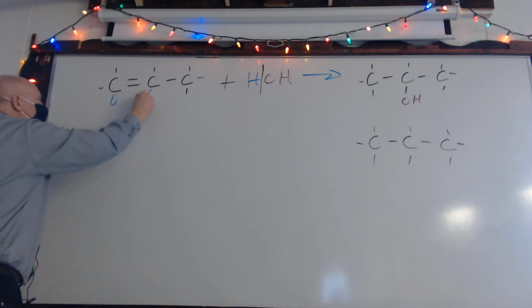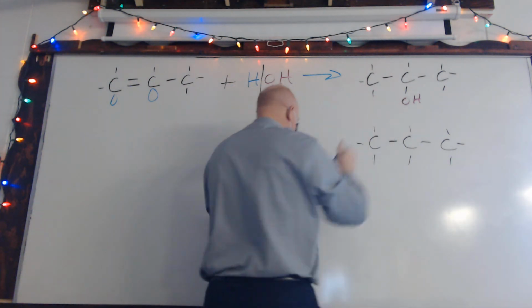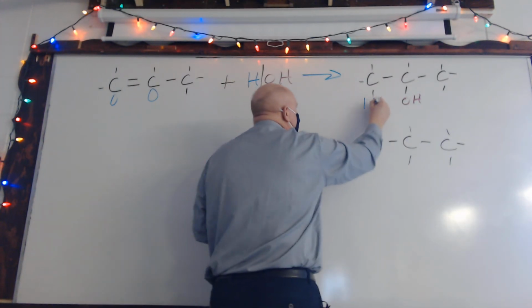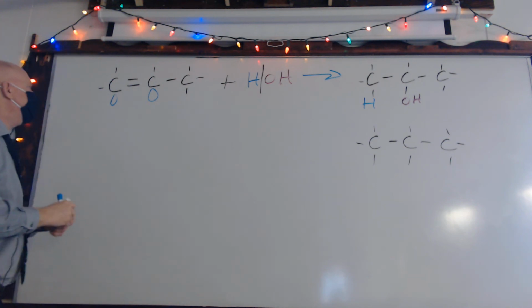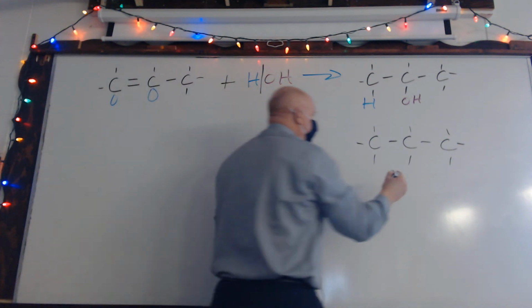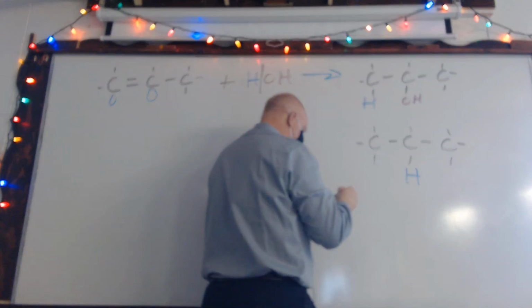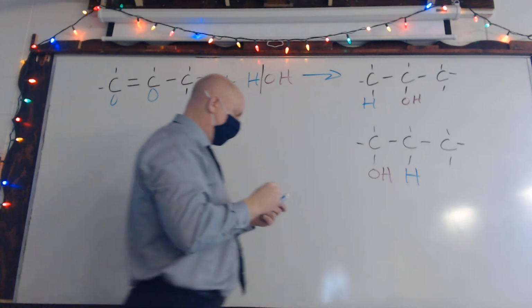So here's one bond, here's the other. Therefore, that's where that hydrogen is. In the other product, we'll just flip-flop these. We'll put the hydrogen here and the OH there.